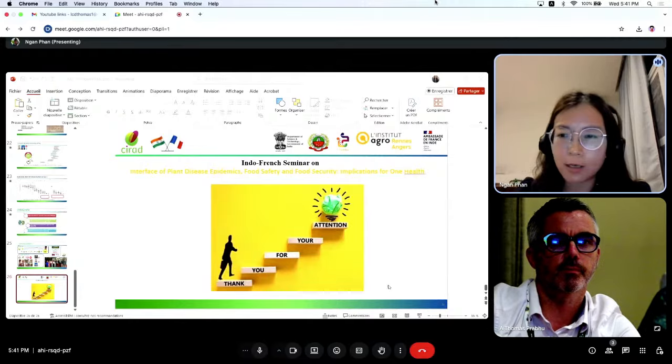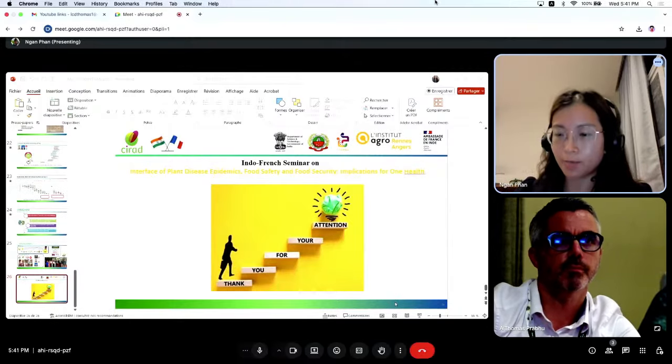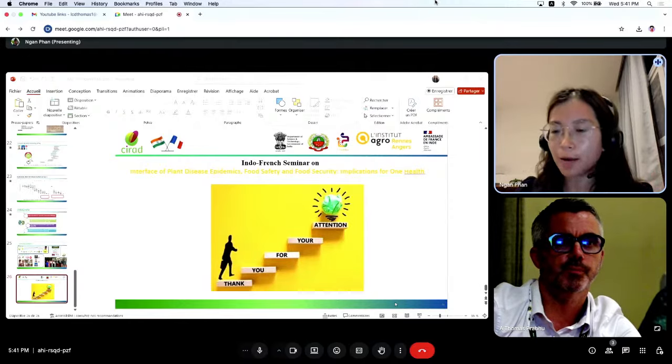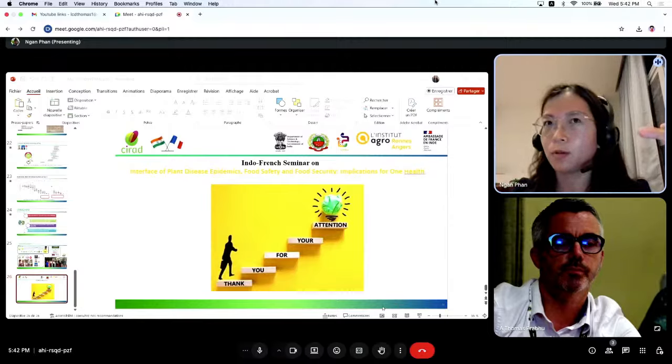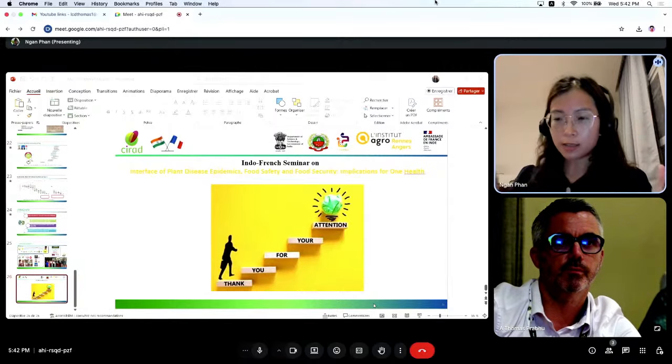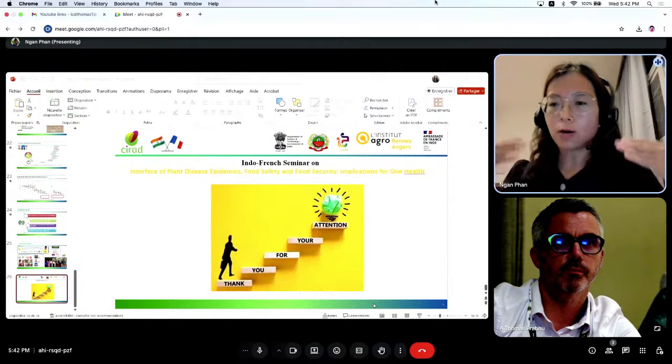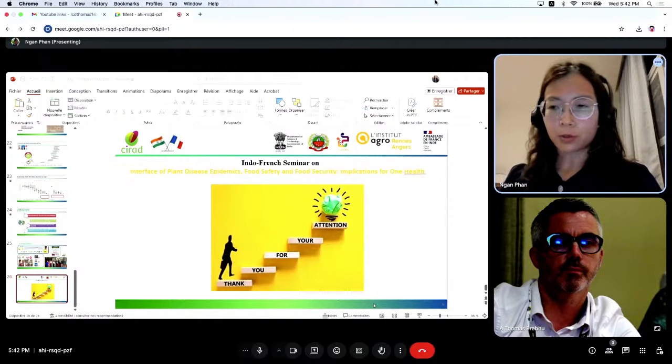So this is a preliminary result, and we have not yet gone into detail to test in planta for their infection. At this stage, we only test in vitro.